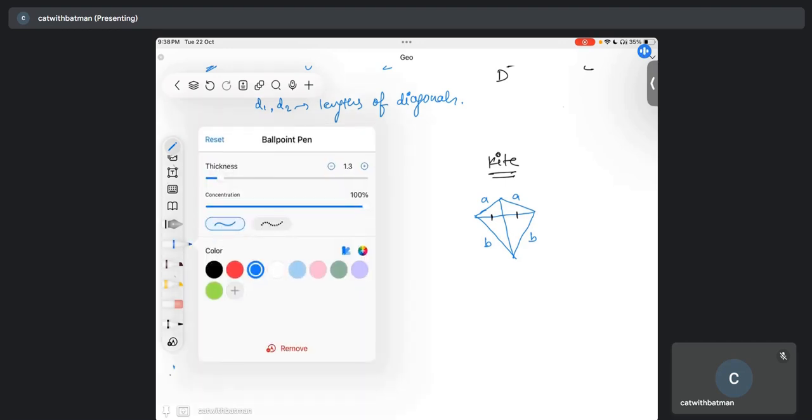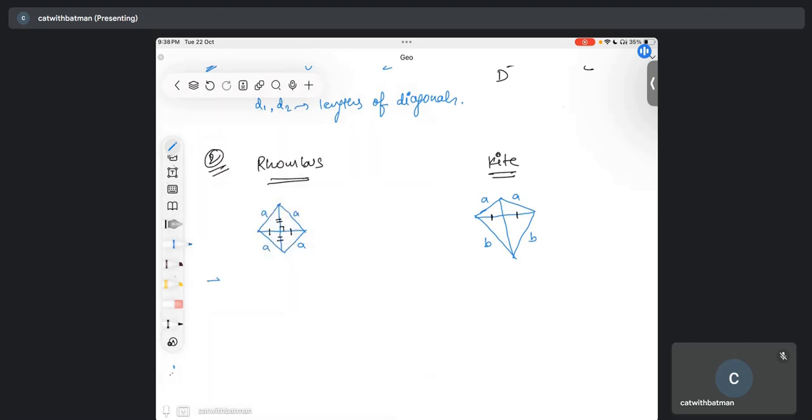That is another property. Let me write down a few things. Diagonals bisect each other at 90 degrees.